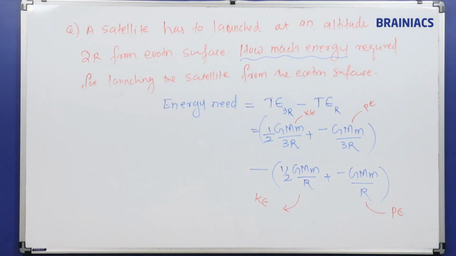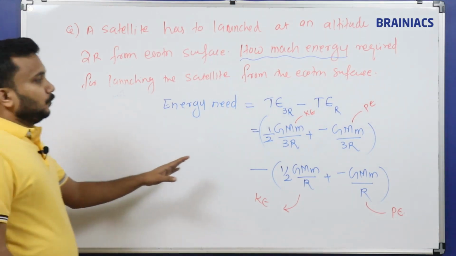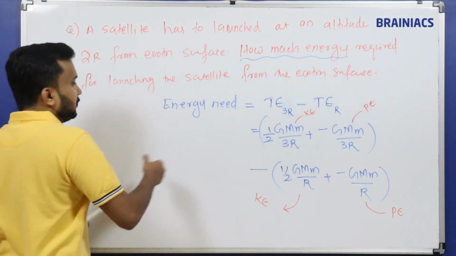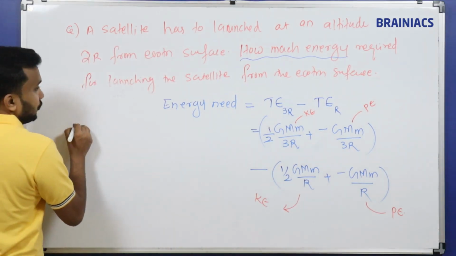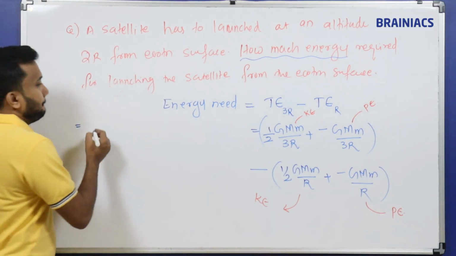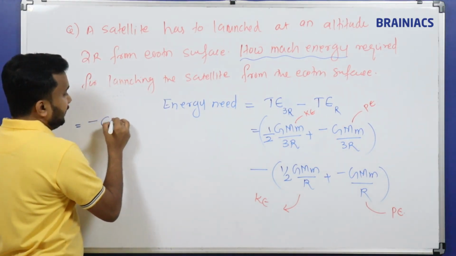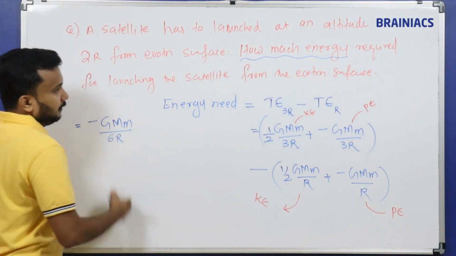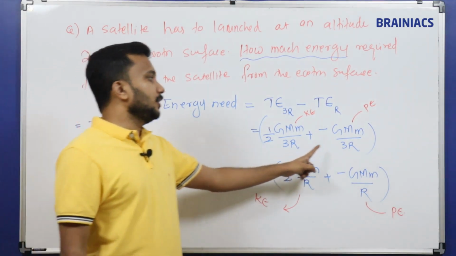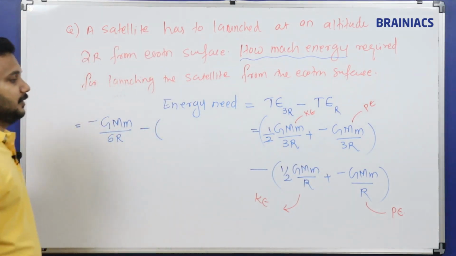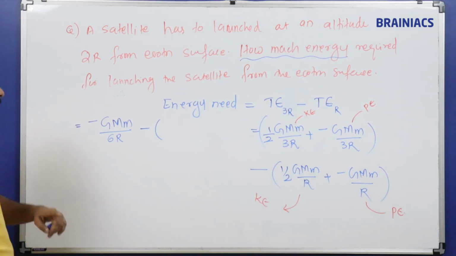Okay, so let me simplify this one. Here, if I am simplifying, how much is the left side? This is equal to 1 by 2, so how much will come? Minus GMm divided by 6r will come. If you solve these two, minus GMm by 6r, minus of, how much will come for this one?